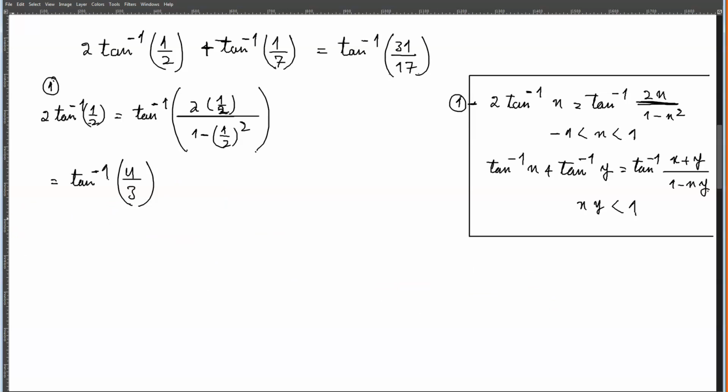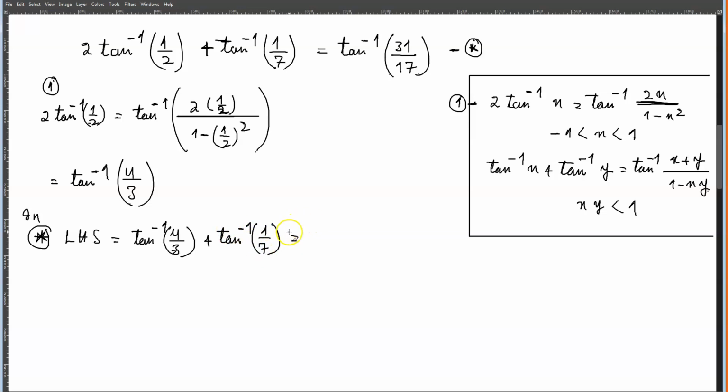So if I call this, for example, star, then in star the LHS is equal to this, which I can write as, instead of 2 tan inverse of 1/2, tan inverse of 4/3 plus the tan inverse of 1/7.